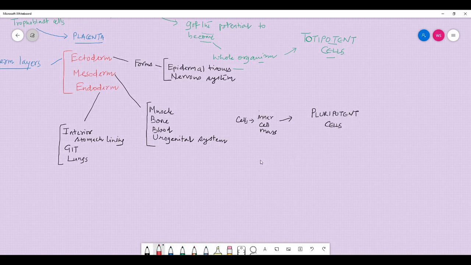So totipotent cells and pluripotent cells are stem cells. Totipotent and pluripotent cells are all stem cells.